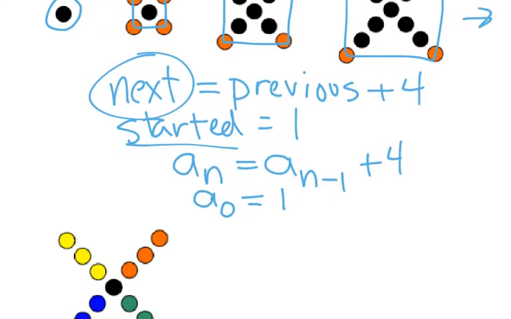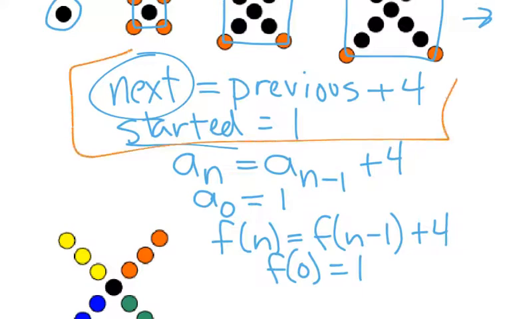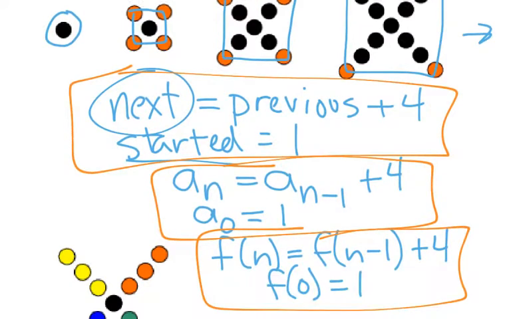Another way you can write it is in function notation, where it looks like this. It's very similar. The difference is instead of a sub n, you use f of n. So all 3 of those are different ways of writing the same formula.